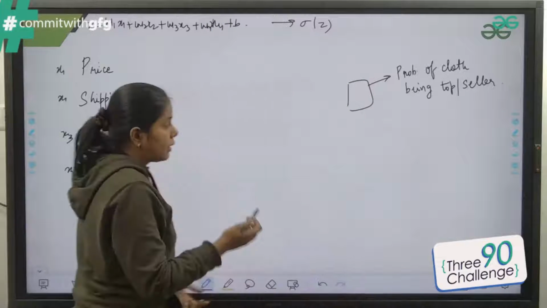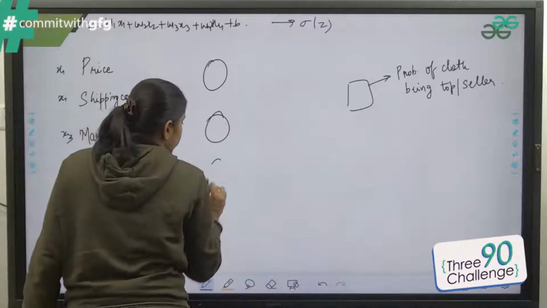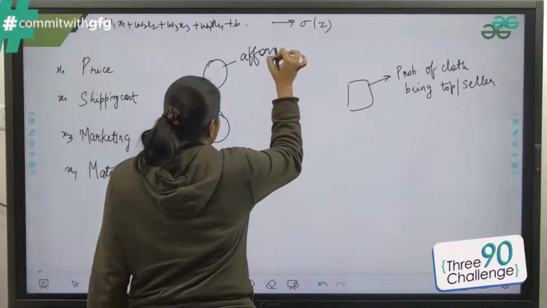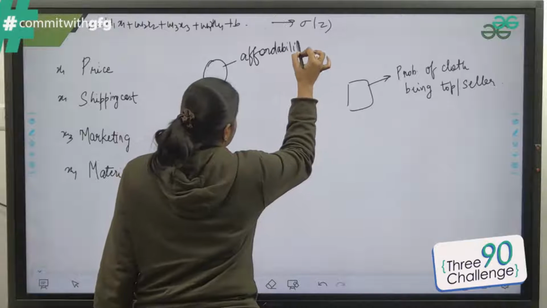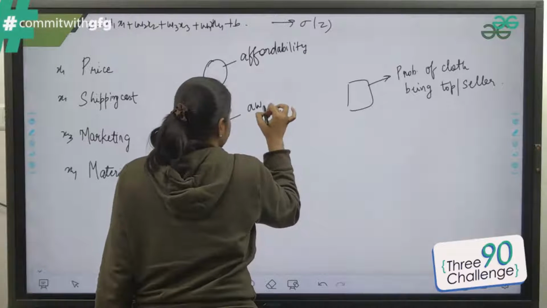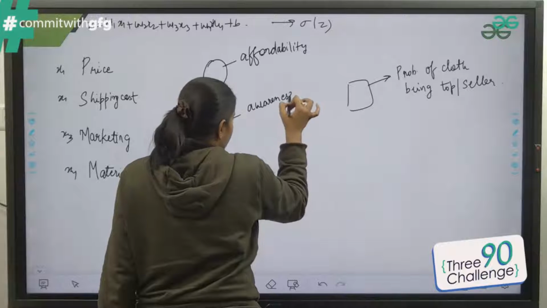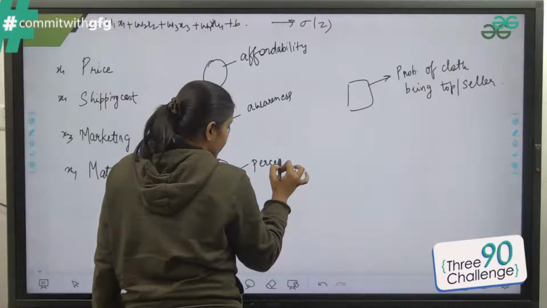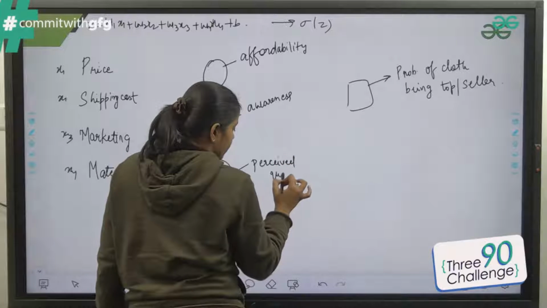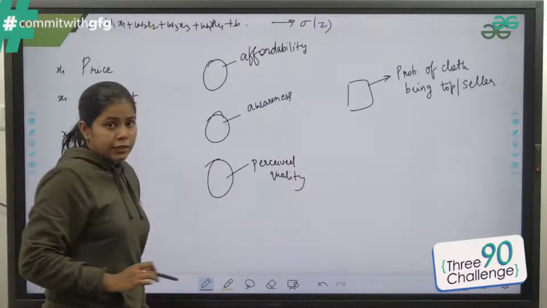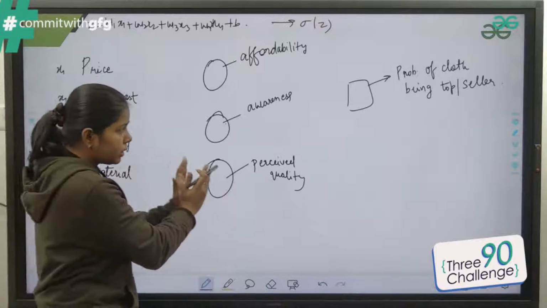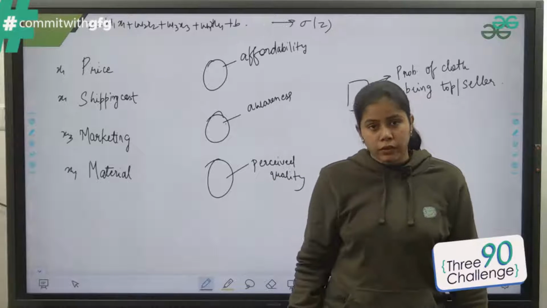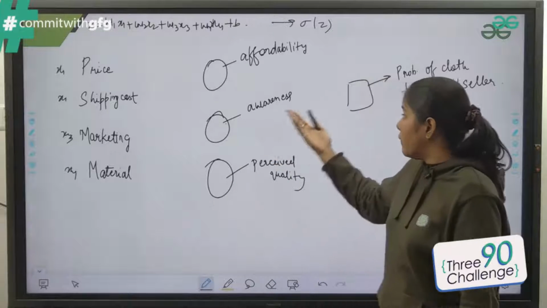But instead of that, if I add three neurons, named affordability, awareness, and then perceived quality, you can see that I have added three neurons. Now these features pass through these three neurons, and then we'll get the output, right? Then we'll get a better result.